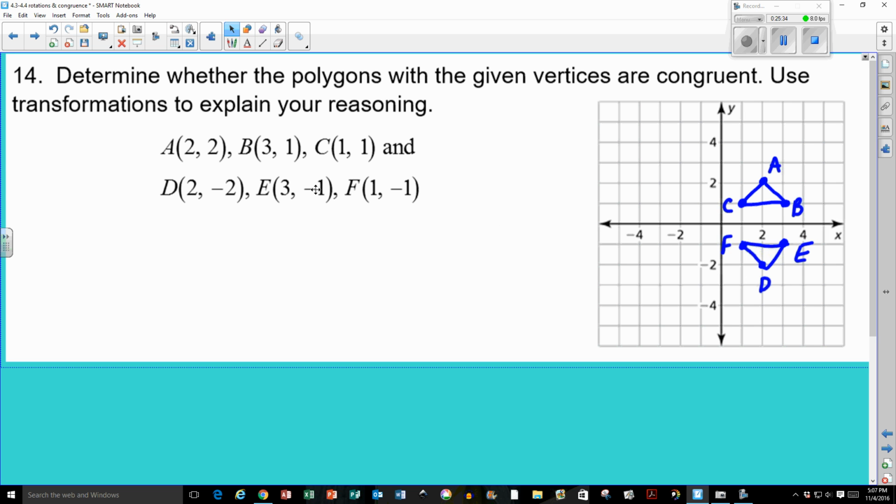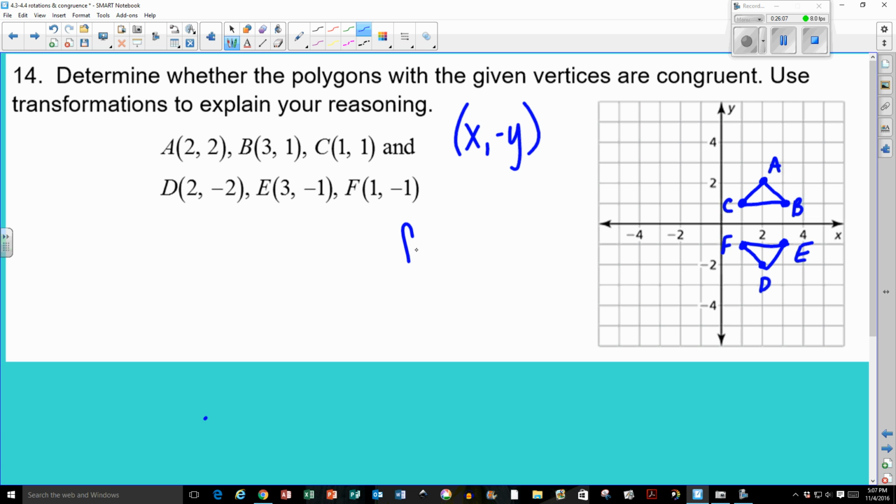All right. So if I look up here, I notice that the x's are all the same. X is same, x is same, x is same. And I notice that my y's all changed sign. So what rule says that when x stays the same and y changes sign?